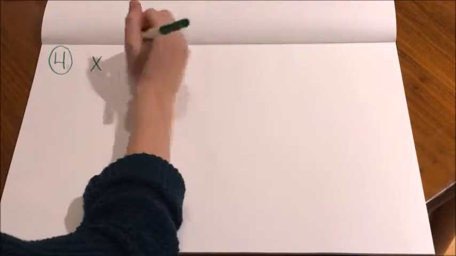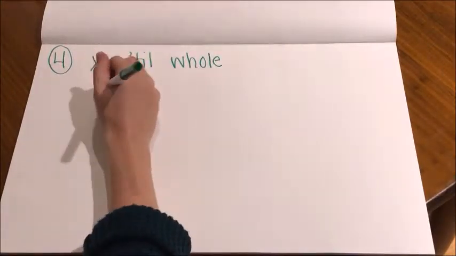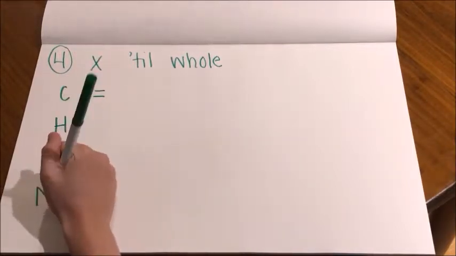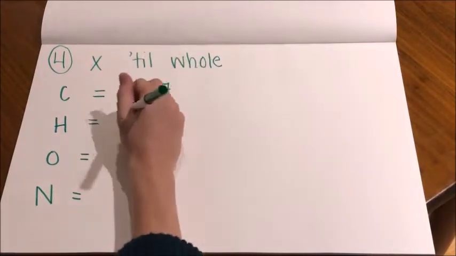The last step is to multiply till whole. The object of this step is to get all numbers from the previous step as close to whole numbers as possible.